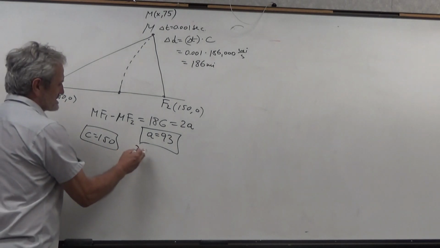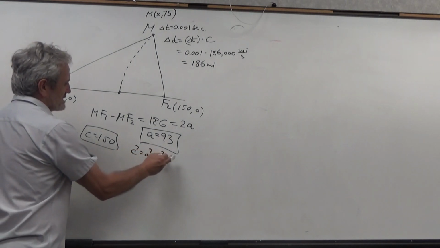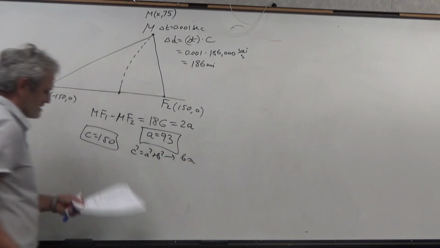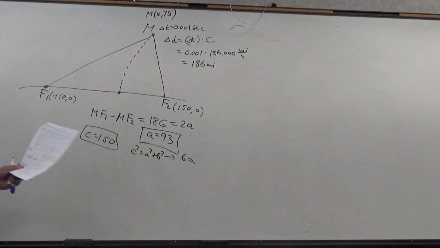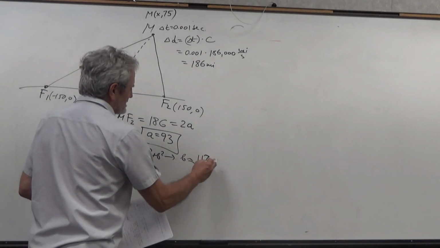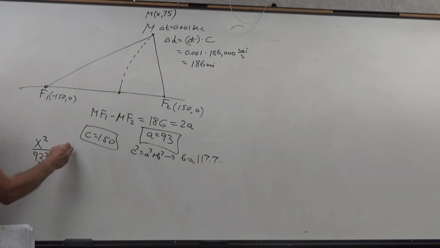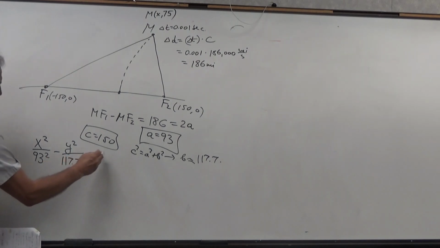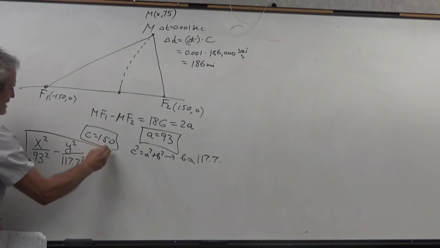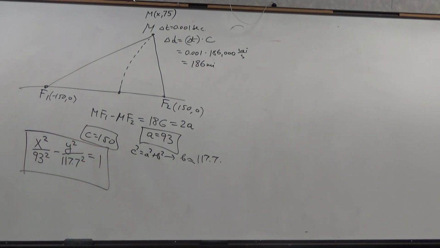From the equation c squared is a squared plus b squared, when we solve it, we get that b is approximately 107.7. So here is the equation of the motion: x squared over 93 squared minus y squared over 107.7 squared equals 1. This is the equation of the motion.